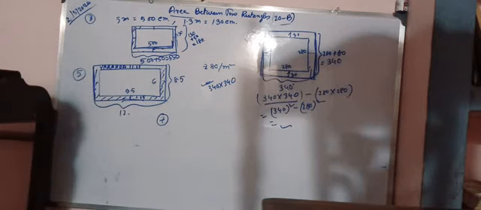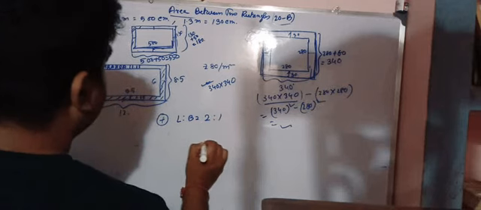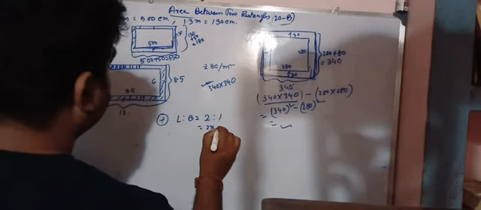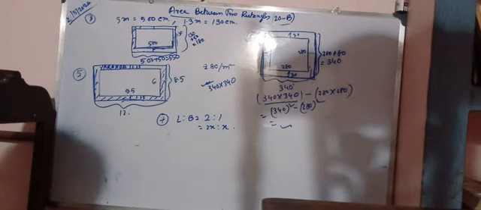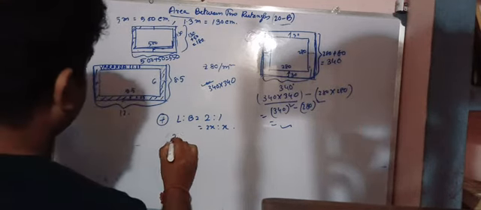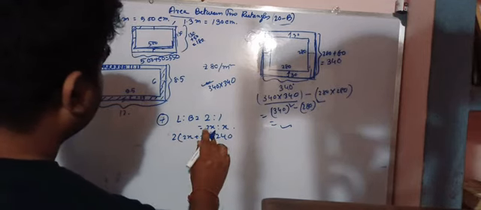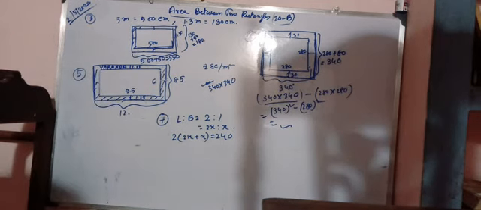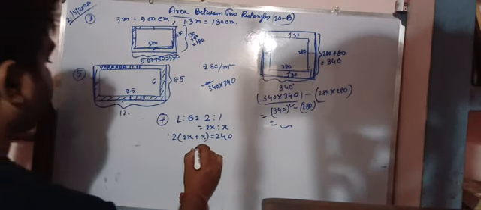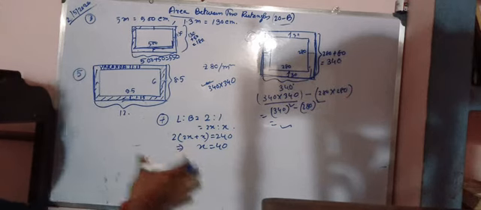Question number 7. Length is to breadth is equal to 2:1. That is 2x is to x. Understood that? Now the perimeter is 240. So we can write that 2 into (2x plus x) is equal to 240. From here we can easily find the value of x. That is x equals 40, by solving the linear equation.